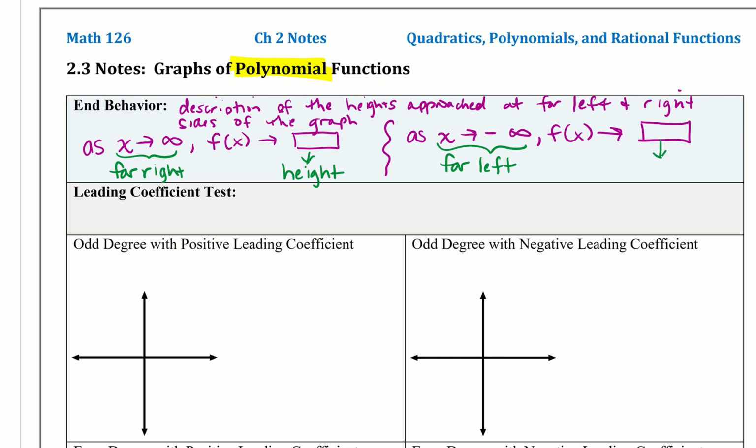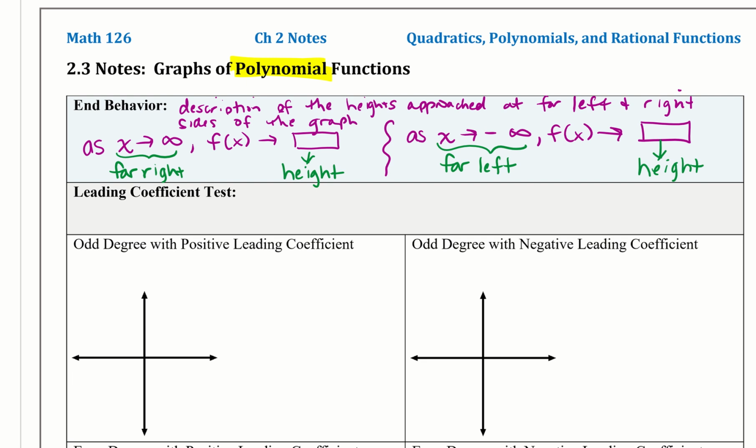We need to say what height the function has an overall trend toward on that far left side. End behavior is only looking at the behavior at the very extreme ends, the far right and the far left.